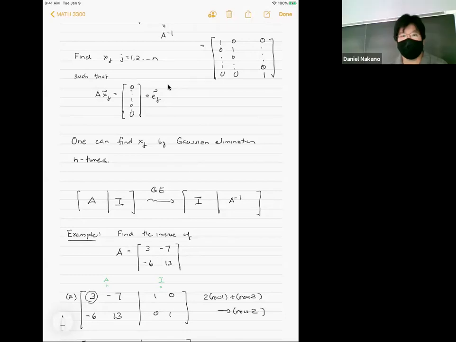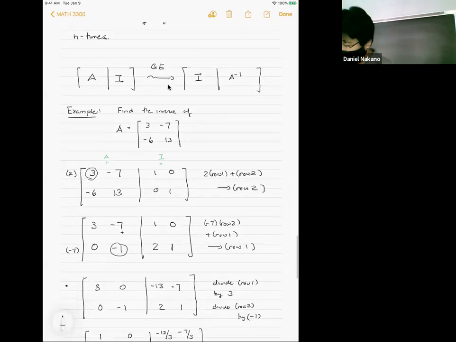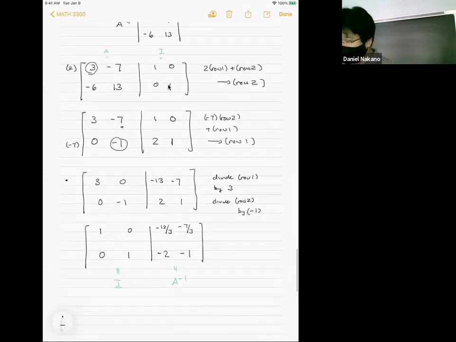Oh, well, if you want to do the other way, you would take this matrix over here, 3, -7, -6, 13, and then you would just put 1, 0 in first, and then you would do 3, -7, -6, 13, and then you put in 0, 1.